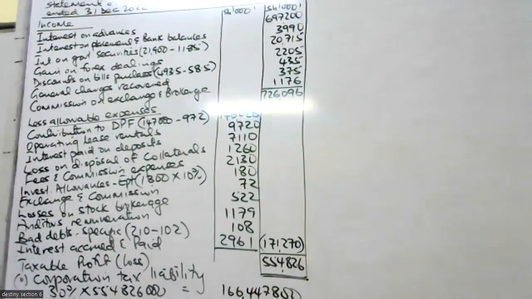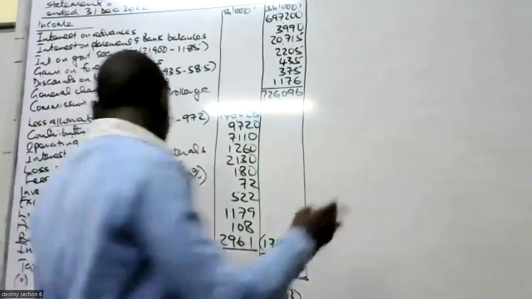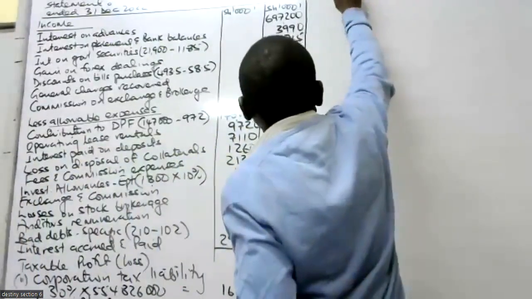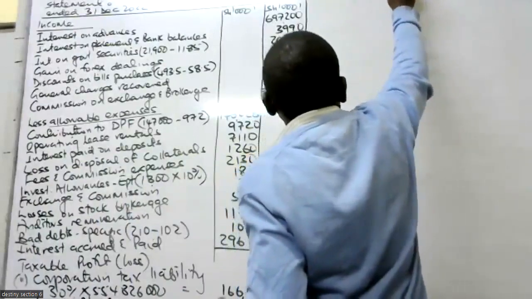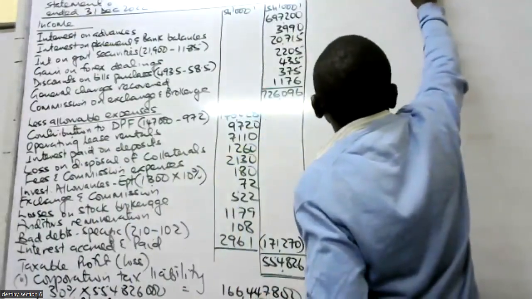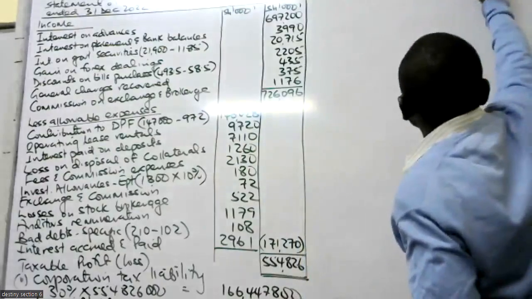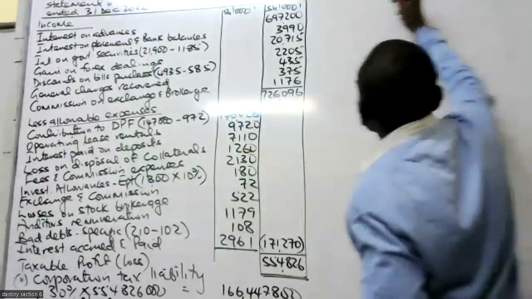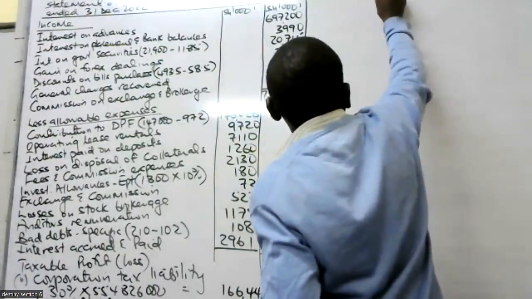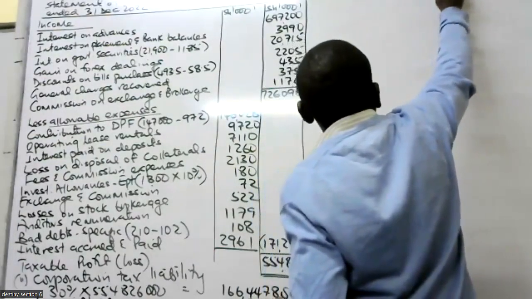Then you must deduct withholding tax on interest on government securities. So withholding tax will be on interest. So you get withholding tax on the gross amount. The gross was 21,900,000. The rate is 15%.